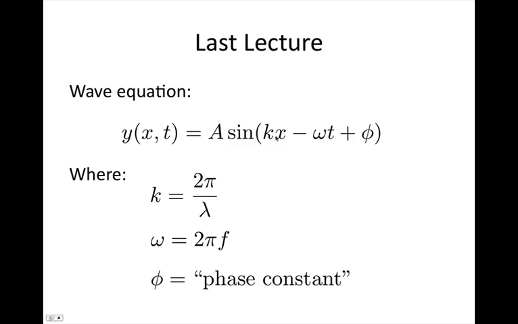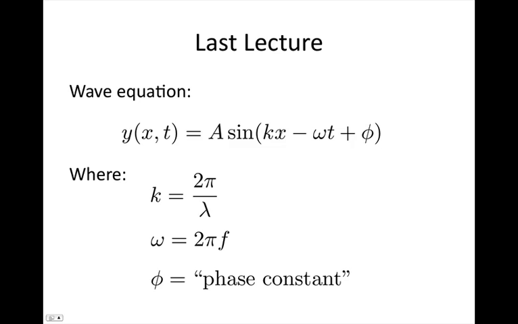If the number in front of the x and the t have the same sign, it's travelling to the left. If they have opposite signs, it's travelling to the right. Omega is the angular frequency. It's equal to 2 pi f. And phi is the phase constant, which lets us match this wave up with our initial conditions.